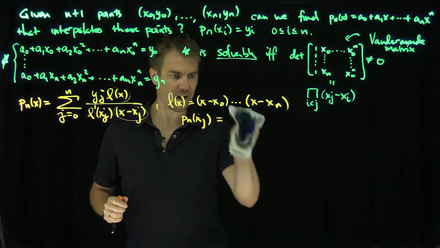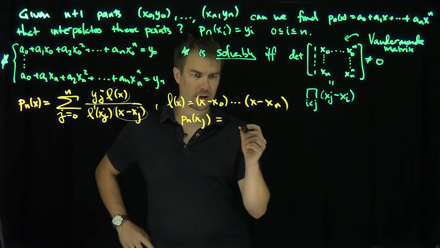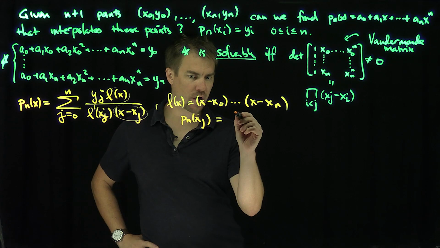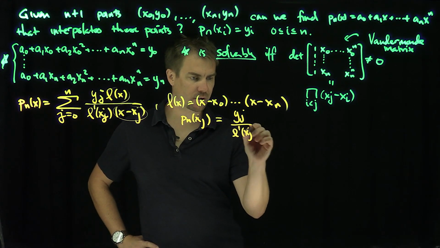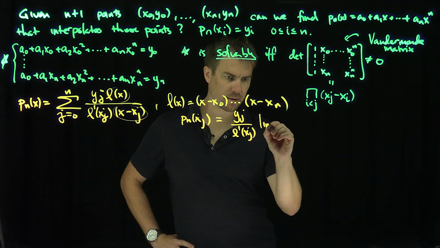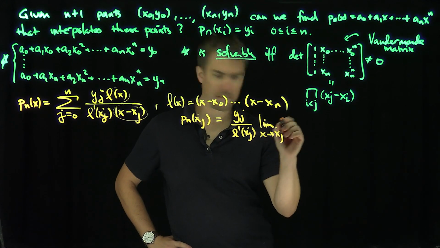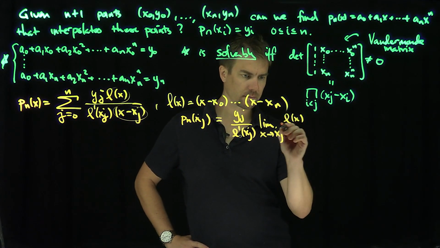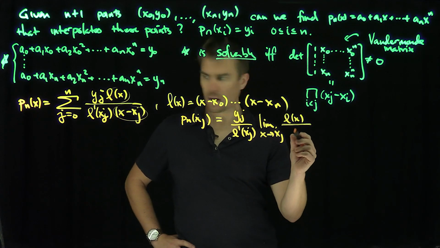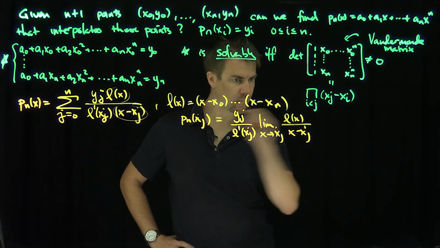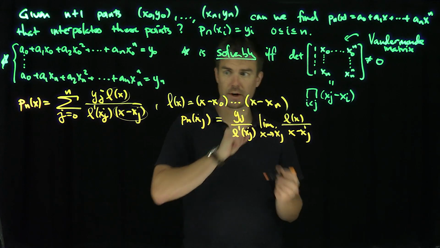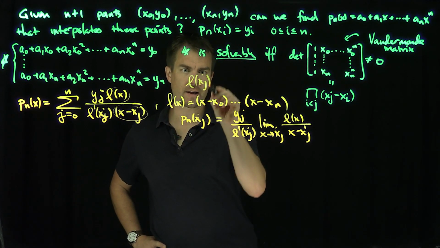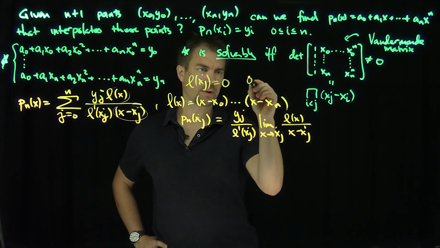Just the xj term is going to survive. So we're going to have yj over L'(xj), and then the limit as x approaches xj of L(x) over x minus xj. And of course, L(xj) is equal to 0 because of this product, so L(xj) equals 0 for j between 0 and n.